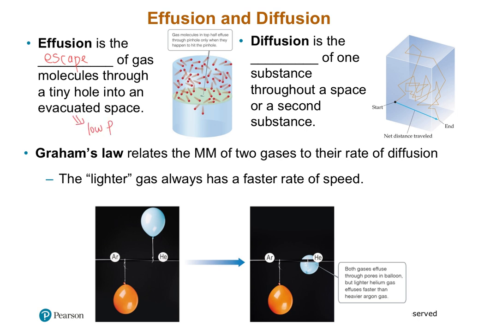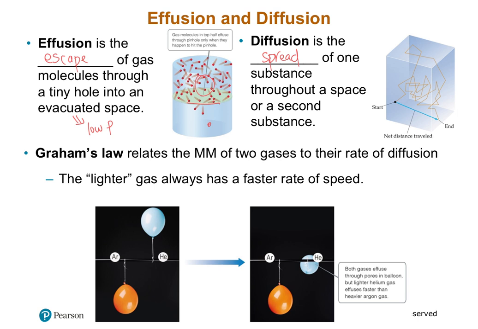So when we have something in high pressure, like up here, their molecules are bouncing in and they're going to escape through tiny holes and into the low pressure space. Diffusion, on the other hand, is the spread of a substance throughout space, or a second substance, like water, for example. So if you ever put food dye in water, you can see those colors diffuse throughout the solution until it mixes.